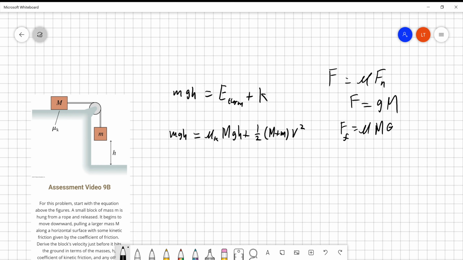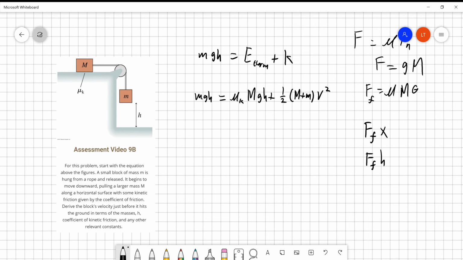And the only distance that you can travel in this instance is h. So the thermal energy would be force of friction times distance. But since the only distance that we can travel is h, it would be force of friction times h. And that's how we got that little thing inside there.